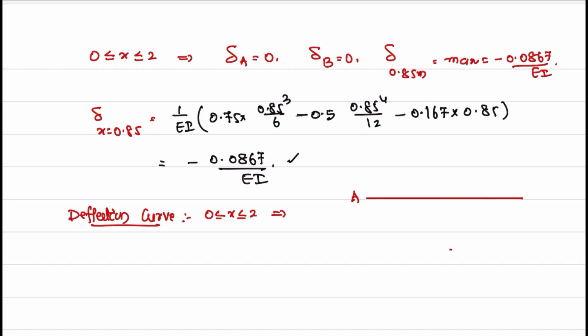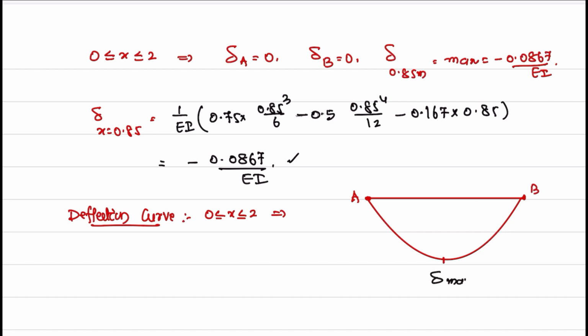At A 0, at B 0, and here it is the maximum deflection, negative value, and by connecting these we will get, let's make it as a curve, not as a straight line, so that this is the point of maximum deflection.